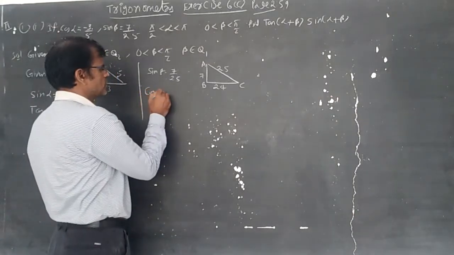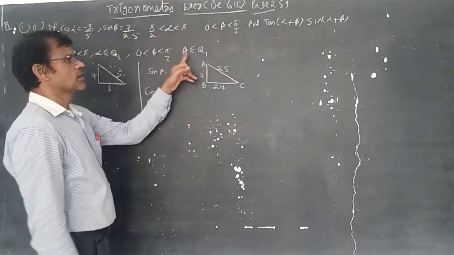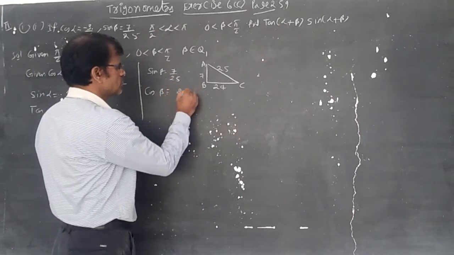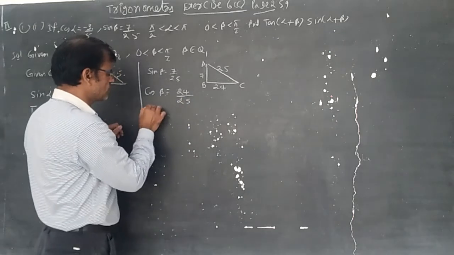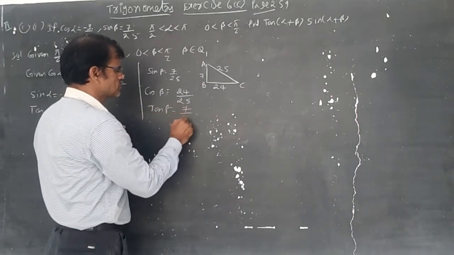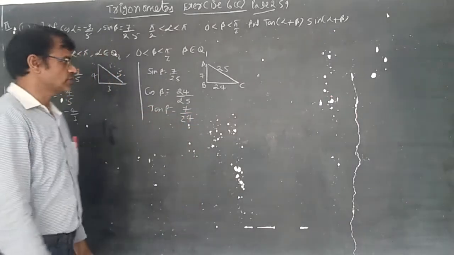Now, we need to calculate sin of alpha plus beta and tan of alpha plus beta. Here beta belongs to Q1, so everything is positive. Cos beta is equal to adjacent side by hypotenuse, 24 by 25, and tan beta is equal to opposite side by adjacent side, so this is 7 by 24.